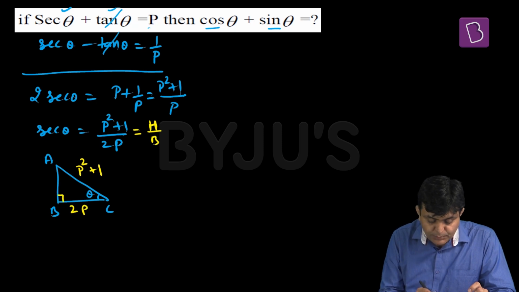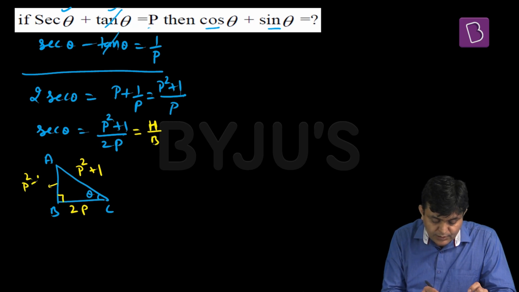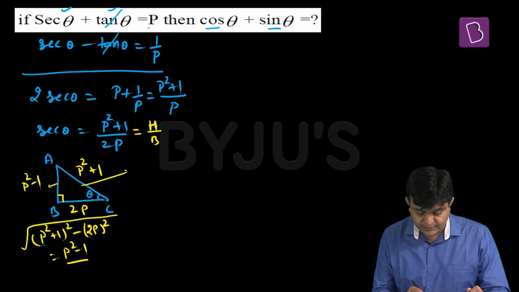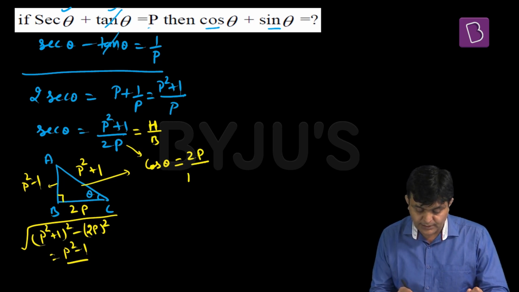So by using Pythagoras we can find AB: P square plus 1 square minus 2P square, and under the root this is P square minus 1. So from here what is cos theta? Cos theta is 2P, the reciprocal of this, 2P by P square plus 1.